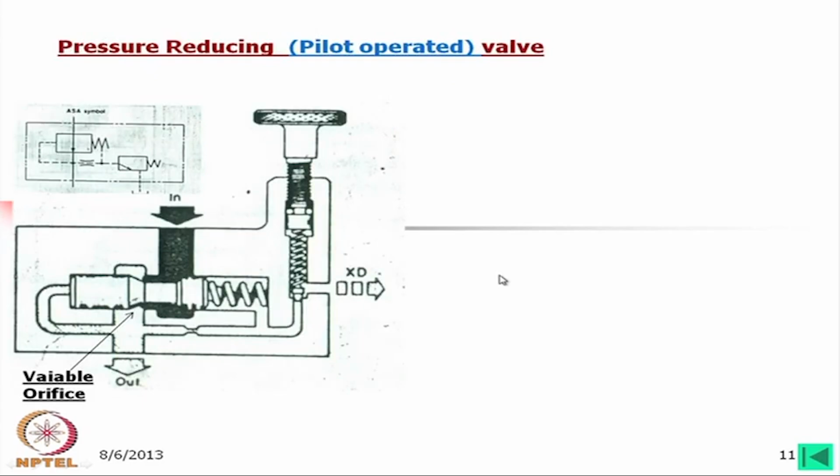Now, we will come to the pressure reducing valve. What is a pressure relief valve and what is a pressure reducing valve? A pressure relief valve is the valve where we relieve the flow if it is above the set pressure, whereas in the case of a pressure reducing valve, from a system flow we can reduce the pressure to a desired pressure; we cannot increase it.